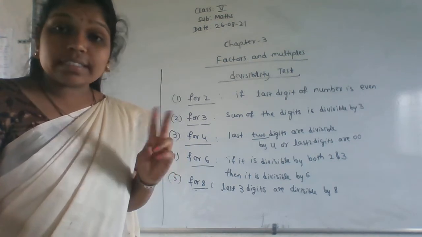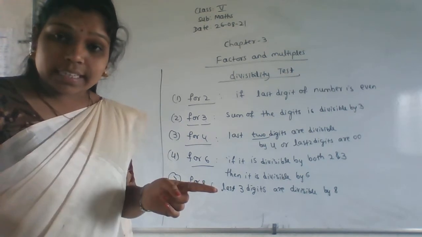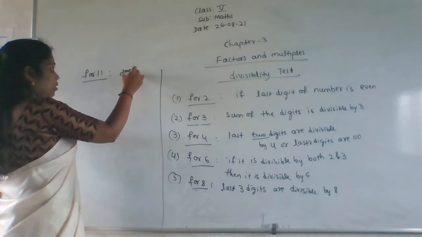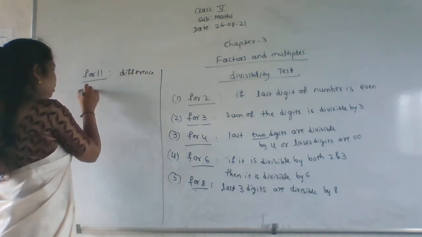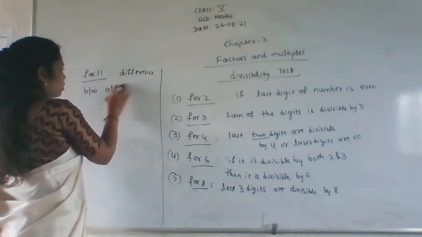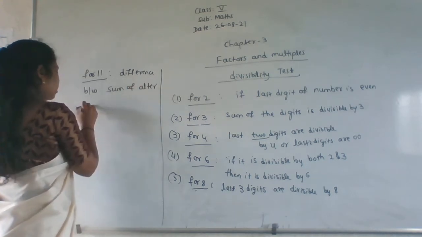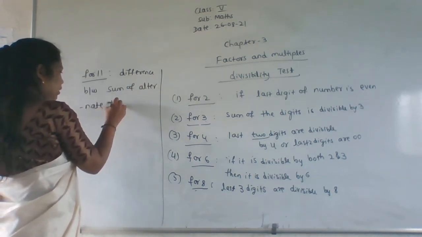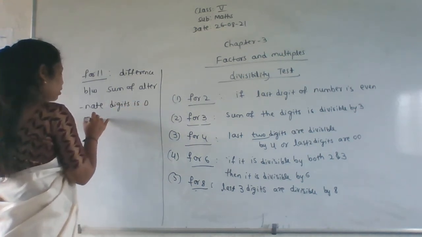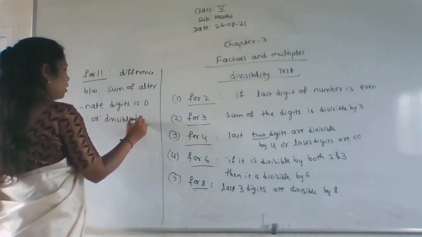If the difference of the sum of the alternate digits of a number is either 0 or 11, see here: the difference between the sums of alternate digits is 0 or divisible by 11, then the number is divisible by 11.